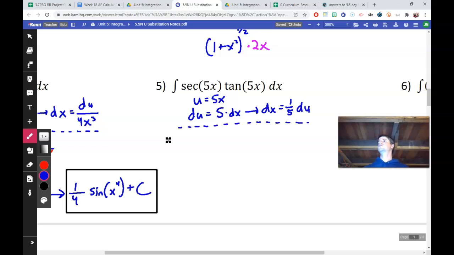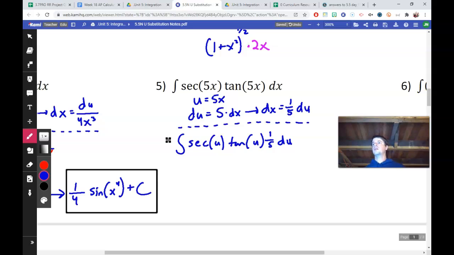And now I can substitute this in, so let's get the integral of secant of u, tangent of u. Dx is going to be 1/5 du. Notice we have secant tangent. That's one of the things directly from our sheet because the derivative of secant is secant times tangent.